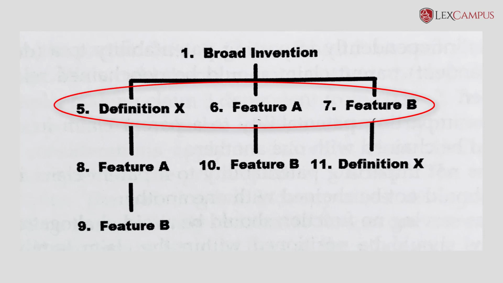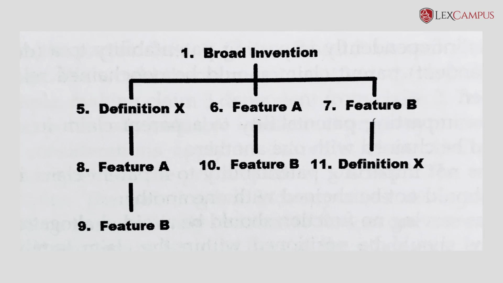Now this gives you flexibility in prosecution. Now if there is some objection raised on the definition of X in claim 5, the definition of X is still covered in claim 11 and claim 11 will still survive.